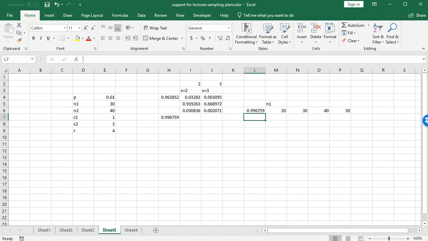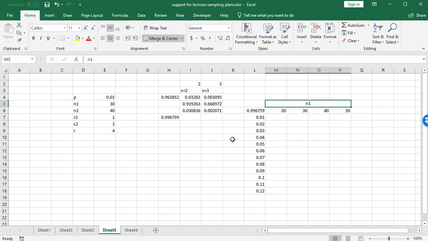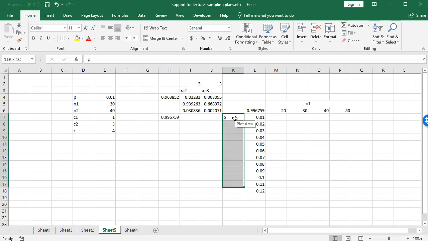And the possible values for the proportion of defective, on the way to 12%. This is the proportion of defective.